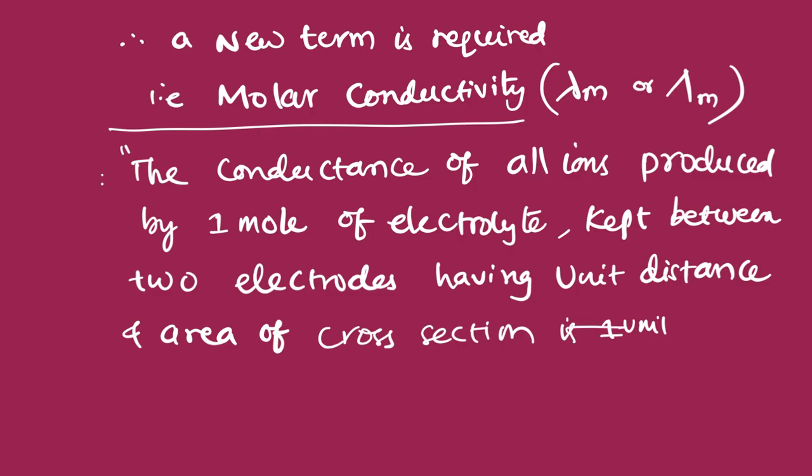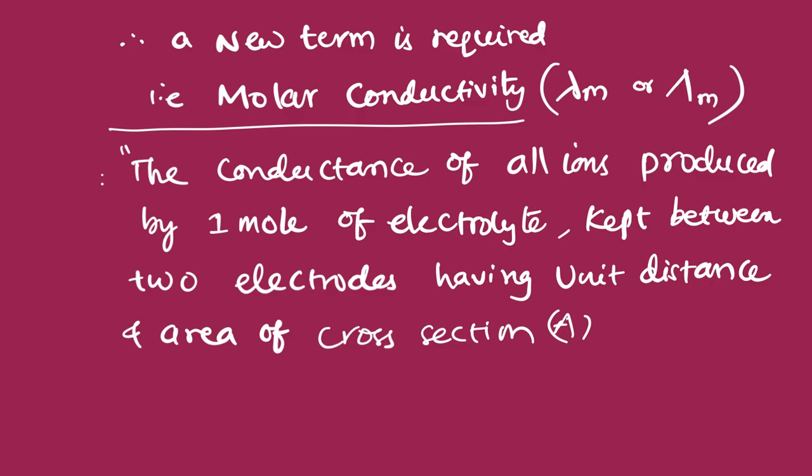That is area of cross section A. Because if it is taken as 1 unit, that is called conductivity. Now area is not fixed, that is called molar conductivity.